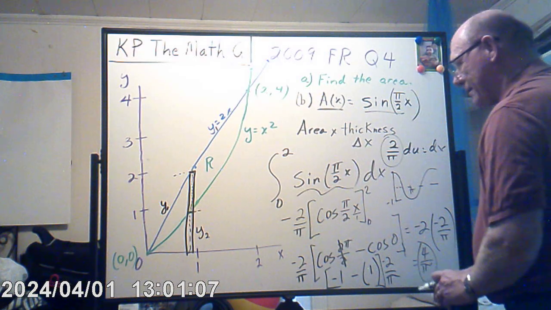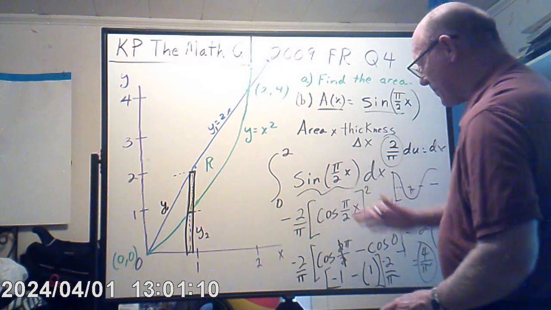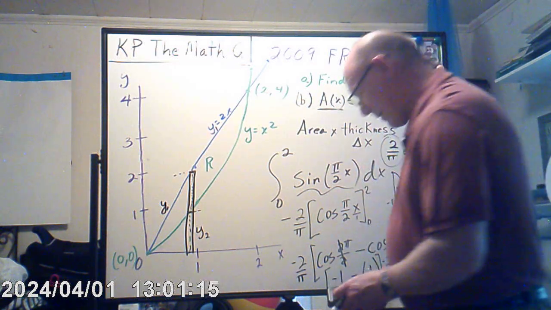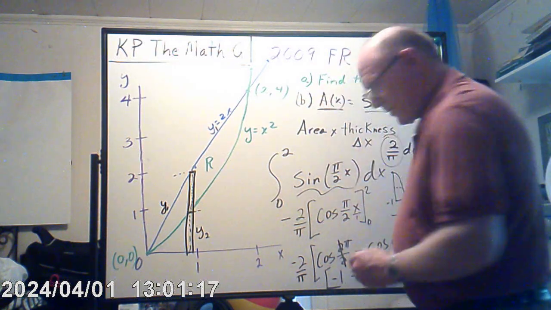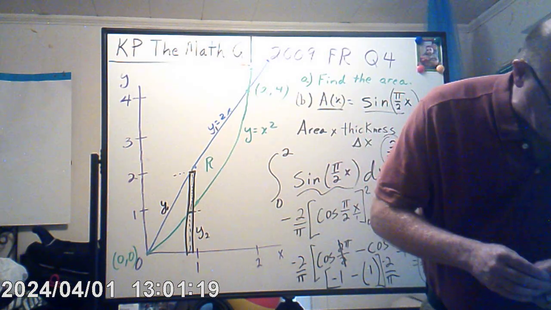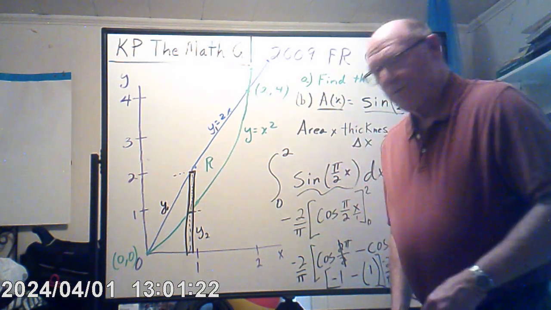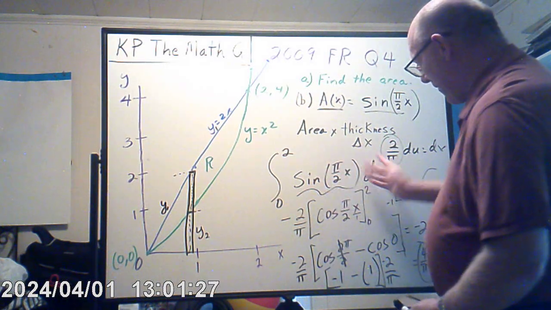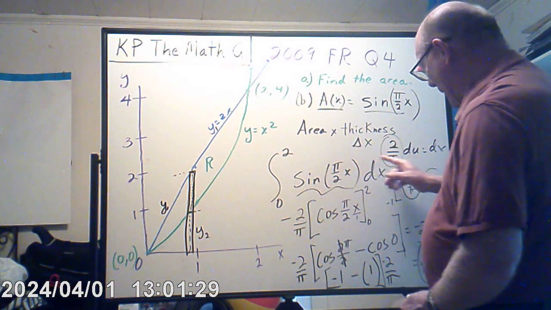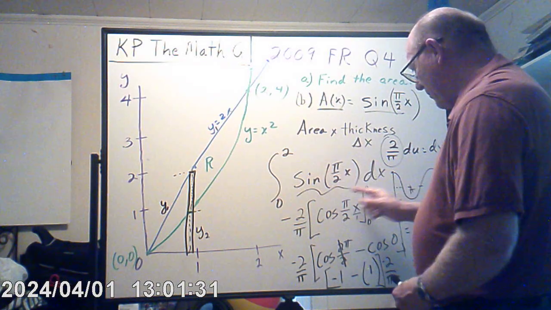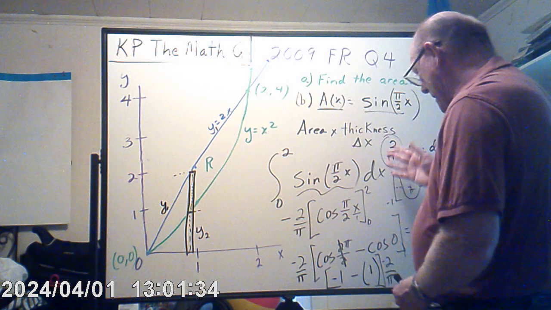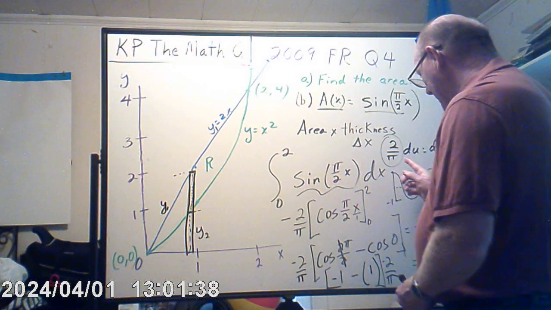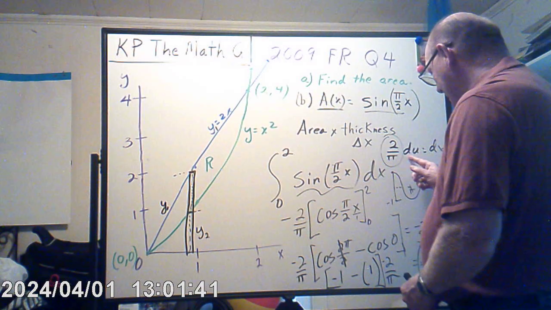And that's it. That's going to be in cubic units because we're looking for the volume. So that answer is 4 over pi. Just remember that u is pi over 2 x, du is pi over 2 dx, so 2 over pi du is equal to dx.